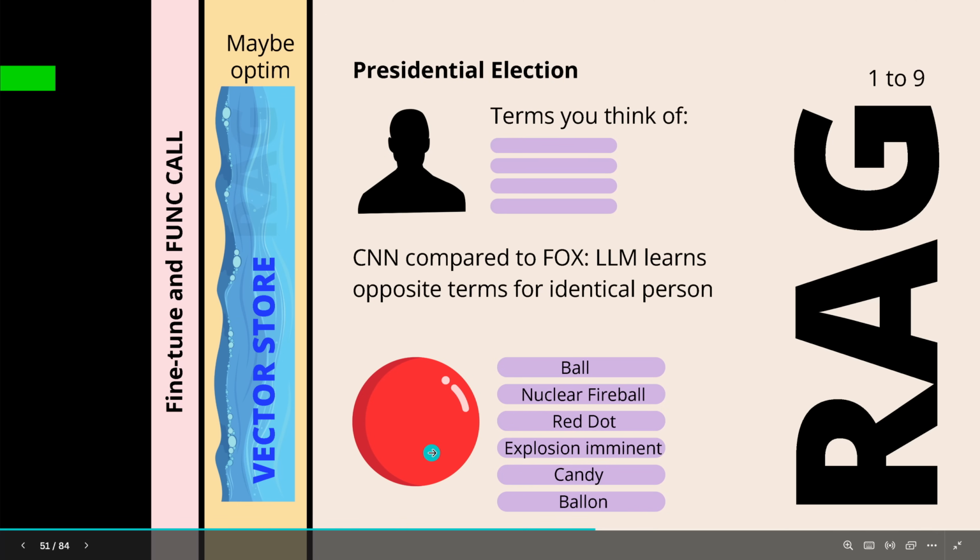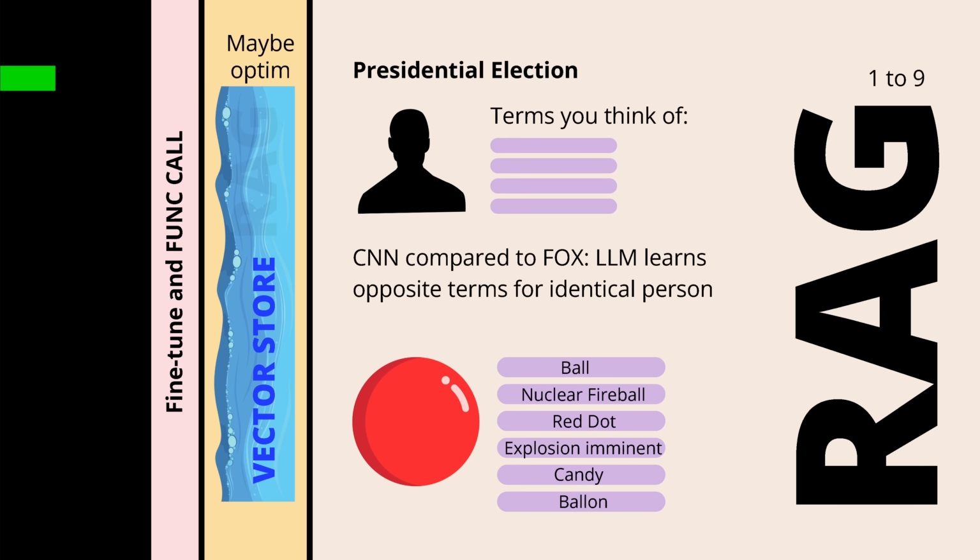It's candy, or it's a balloon. So you see the LLM in the second step of RAG. If we use GPT-4 for this object, whatever it is, we have a ball that children play with right next to the nuclear fireball, right next to an explosion, right next to candy.